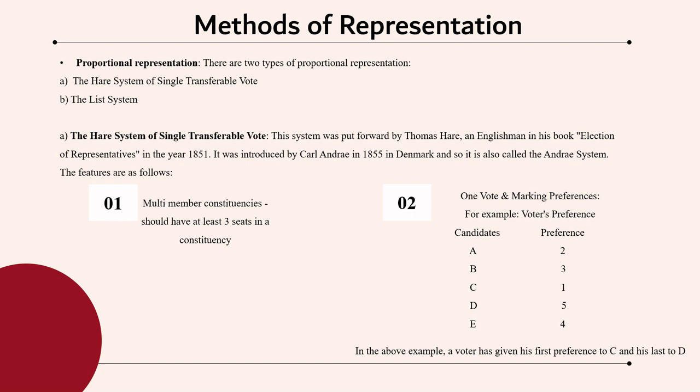In this example, we can see that candidate C has been given first preference by voter X, second preference to A, third preference to B, fourth preference to E, and fifth preference to D.